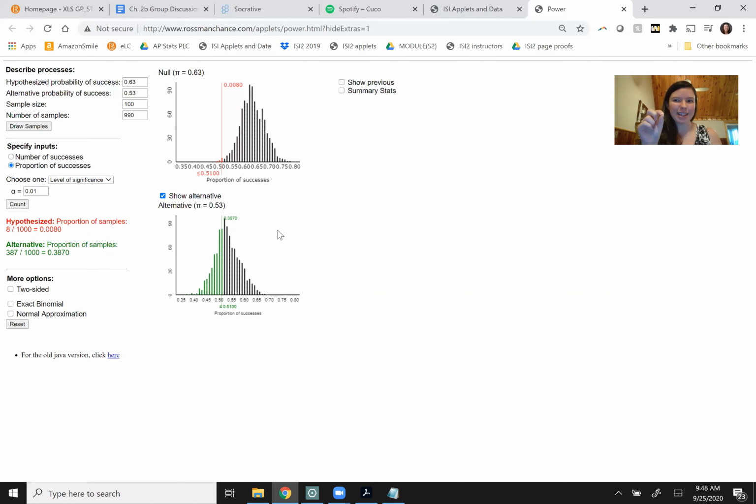If you just see one point, it's going to be hard to tell whether you're talking about the null distribution or the alternative distribution because there's so much overlap in the points. So basically the only way we can reject the null is if we end up with one of these values that just happens to be on the low end. That's why our power here is really low.